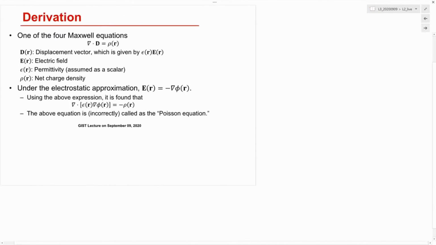When I say Poisson equation, it actually means Gauss law. Gauss law itself can be cast into the Poisson equation under the following conditions.